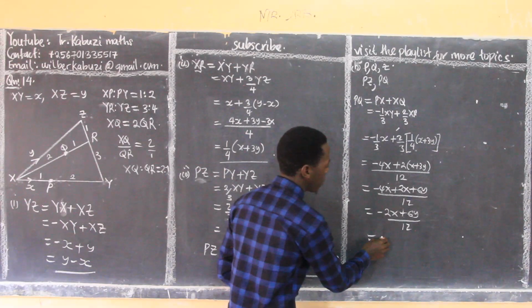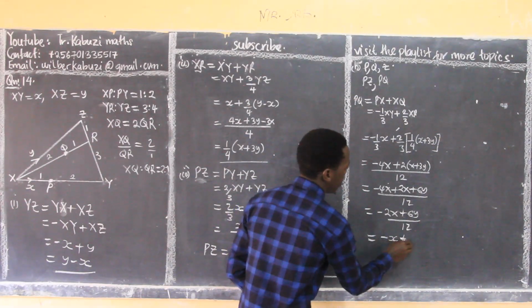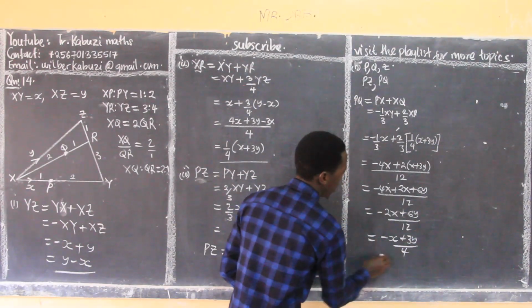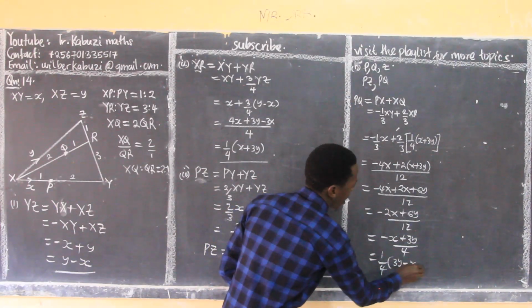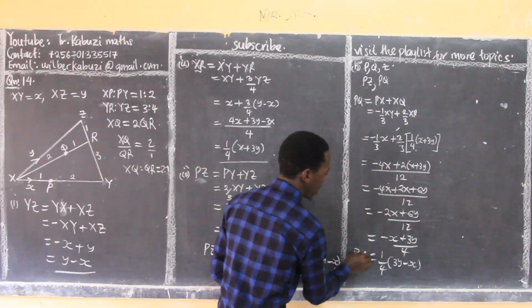I'll get now negative x plus 3y over 4. This will give me 1 over 4 into 3y minus x. This is now my PQ.